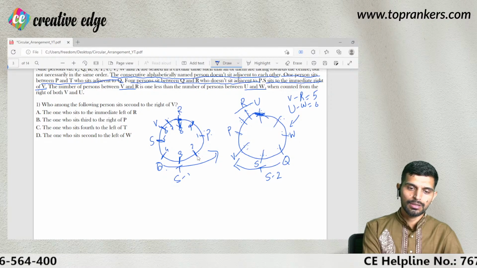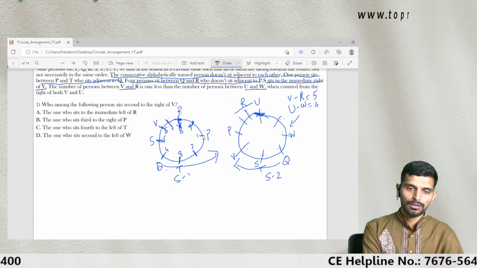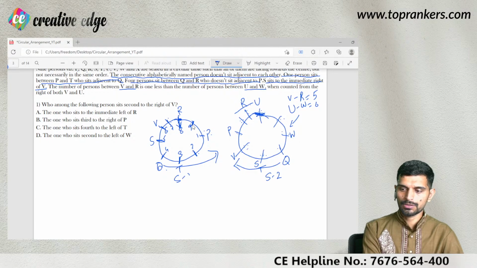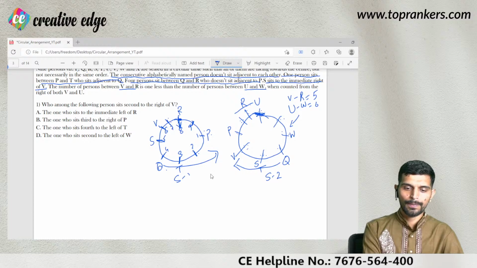This is T, this is one position left. So how many people are there? One, two, three, four, five, six, seven, eight, right?